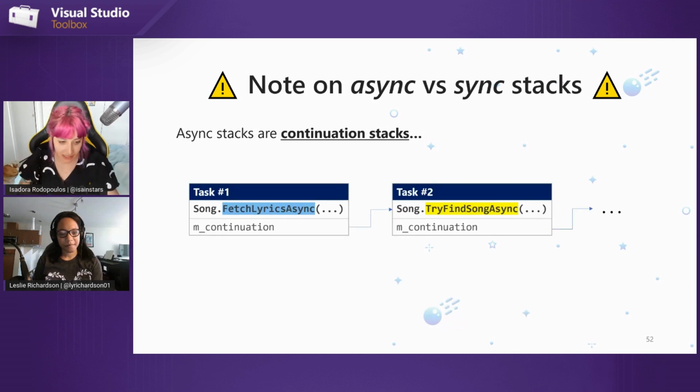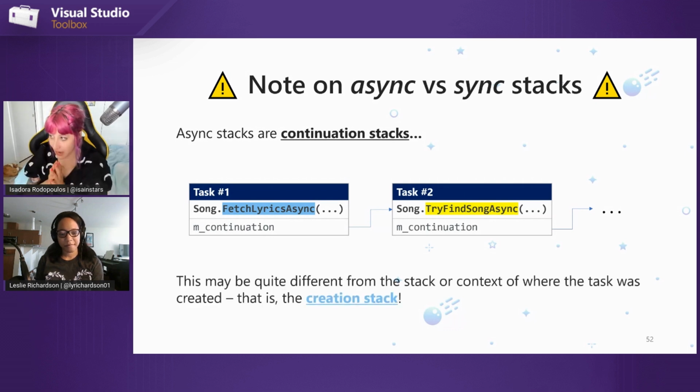We have the same example as before. But one thing we have to be careful about, and this is tricky, is that this is the context. This may be different than the creation stack. The creation stack would mean where something was created in the first place, whereas the continuation stack is purely what's going to continue. This might be tricky to get at first.